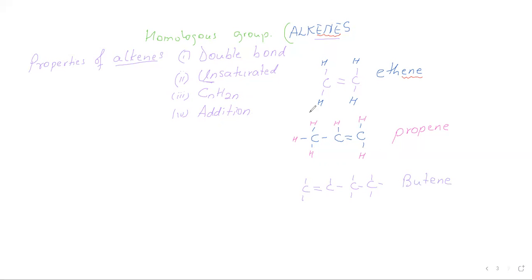The next one is going to be pentene, hexene, and so forth. Let's once more go and have a look at another homologous group called alkynes.